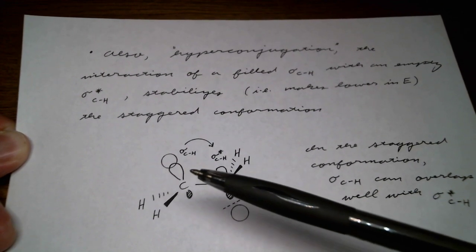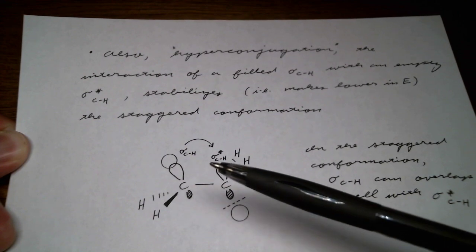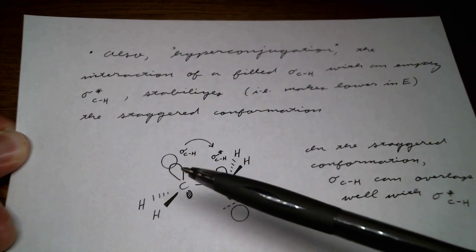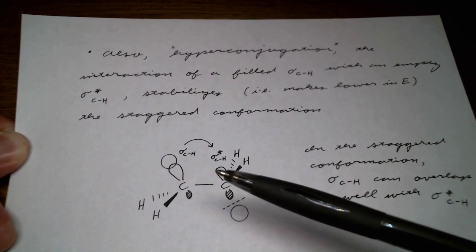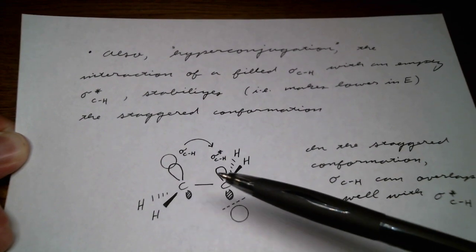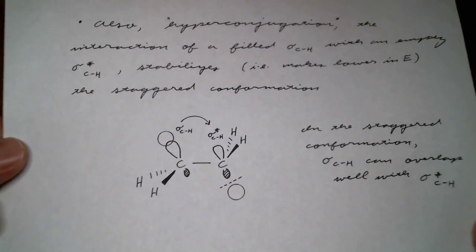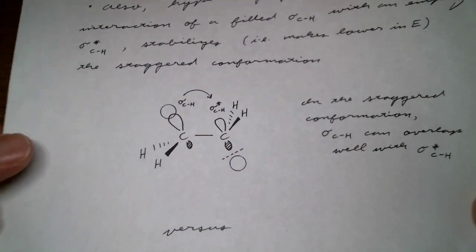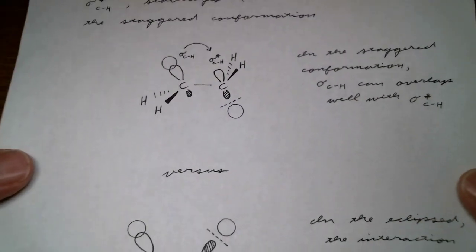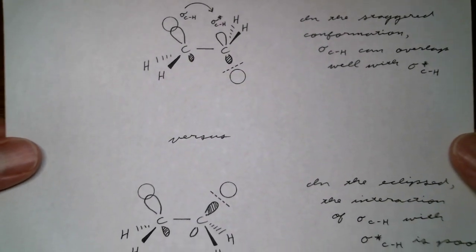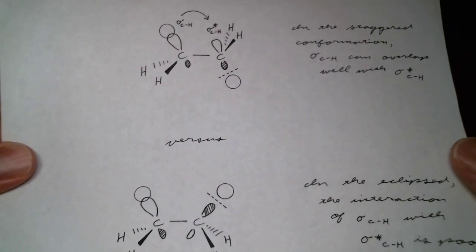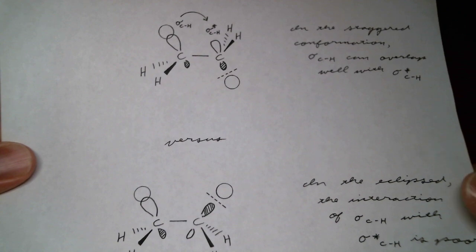And this close proximity allows there to be overlap, that is, shared electron density, electron donation from the bonding molecular orbital to the antibonding molecular orbital. Of course, it's a small effect, but it's something that more and more experimental evidence lends credence to.